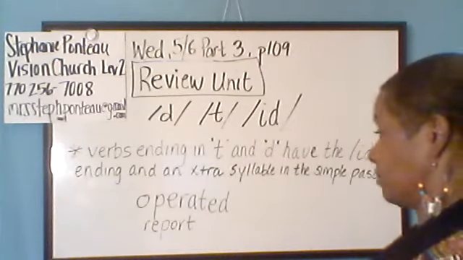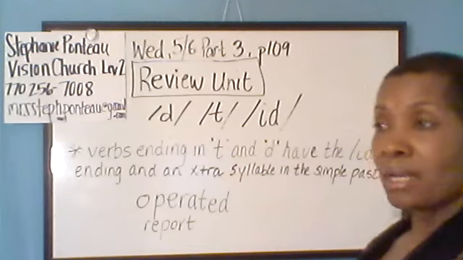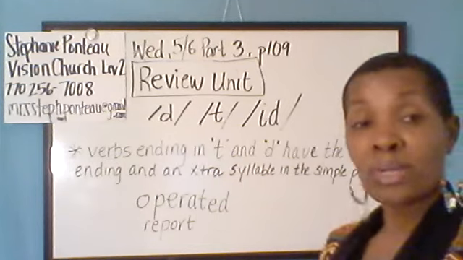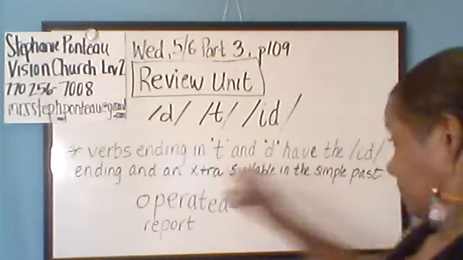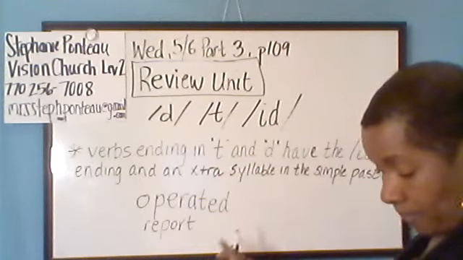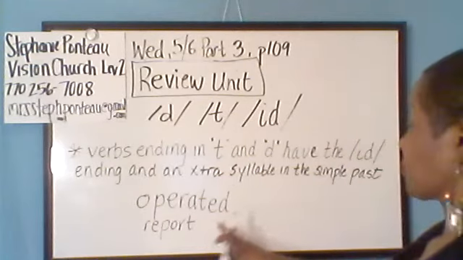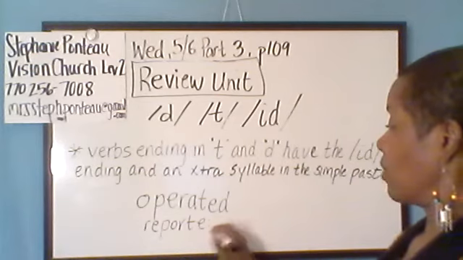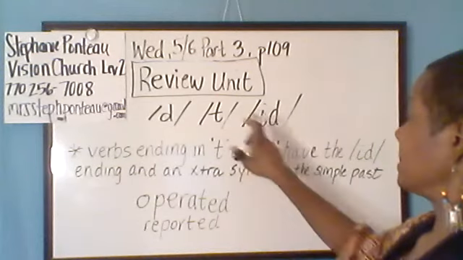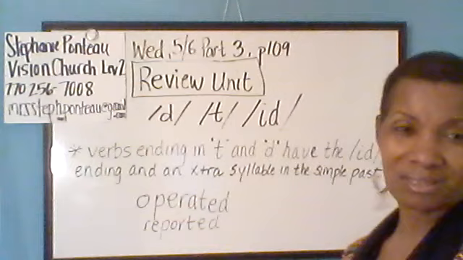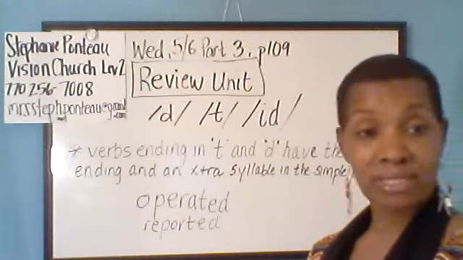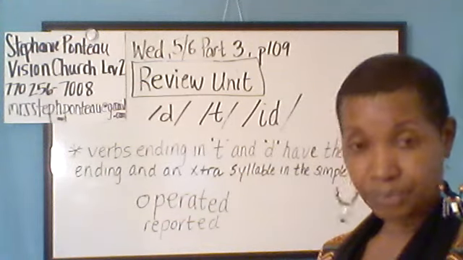Report is the word, and then reported, excuse me, is the past of that word. So it's the id for this one, reported, but it's the id sound. I know this is a little confusing. We'll just have to practice this one some more probably.